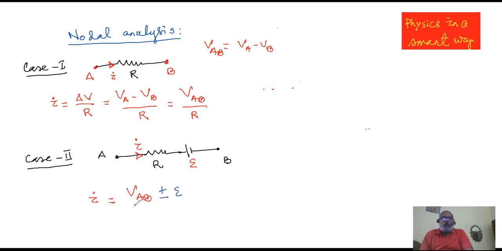But we do not know whether the battery EMF will be helping the current or opposing the current. So we'll be confused whether to write VAB plus E or VAB minus E, divided by R.